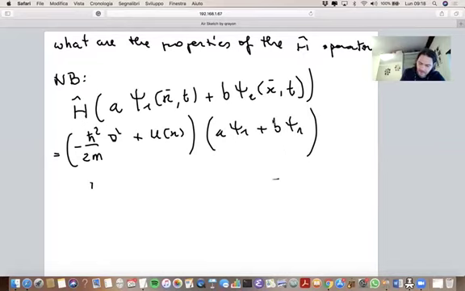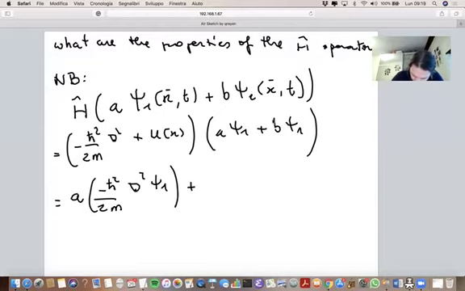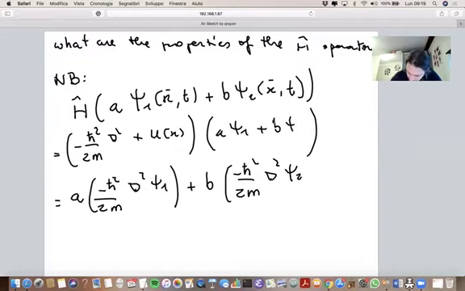So since derivatives are linear operators, meaning that the derivative of the sum of functions is the sum of the derivatives, and the derivative of a function times a constant is the constant times the derivative of the function, if you look at this, well, you can write this as a times negative h squared over 2m Laplacian of psi1 plus b times negative h squared over 2m Laplacian of psi2. There's a 2 here, of course.